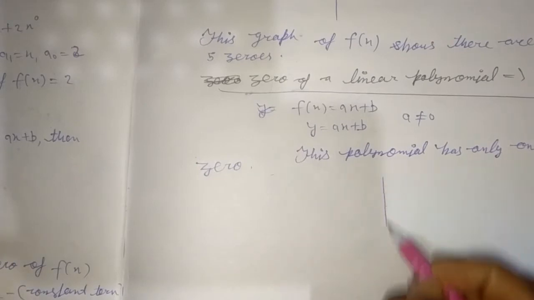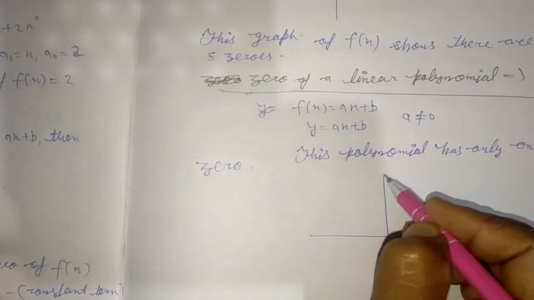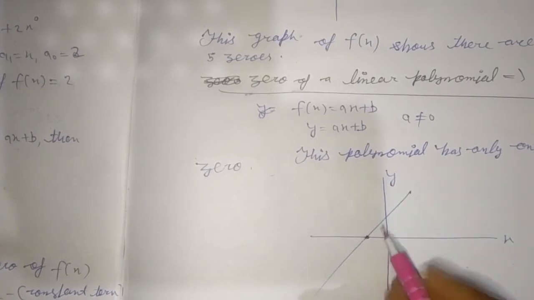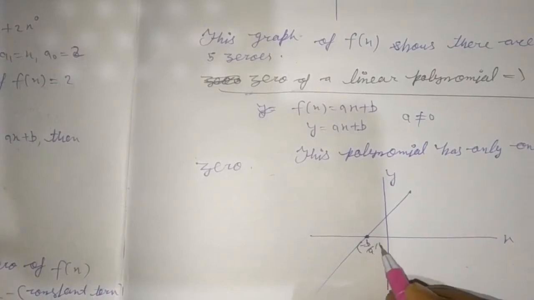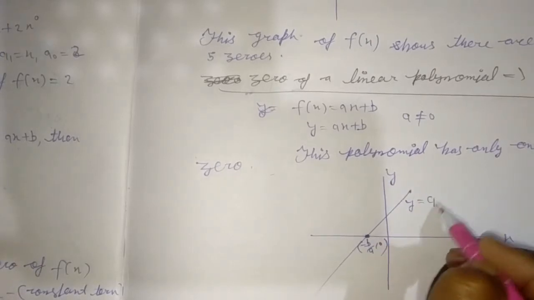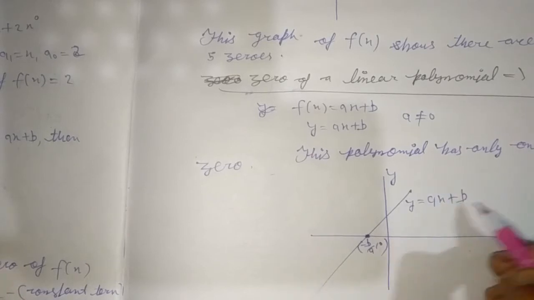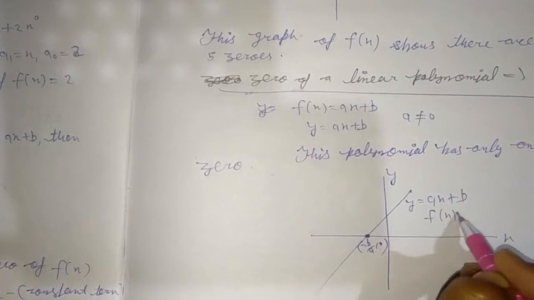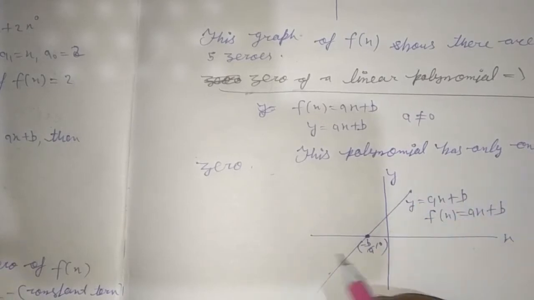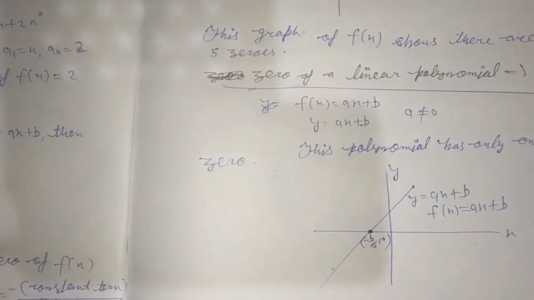Geometrically, now look, suppose it is the x-axis, it is the y-axis. The graph is this, so it is minus b upon a comma 0. So you can say that it is the line of the polynomial y equal to ax plus b, or f(x) equal to ax plus b. This straight line intersects the x-axis at only one point. So this linear polynomial has only 1 zero.